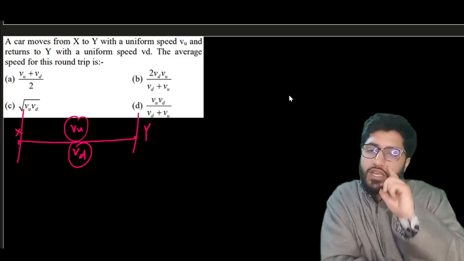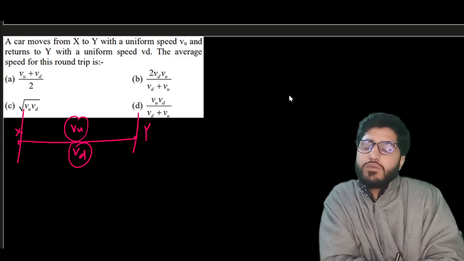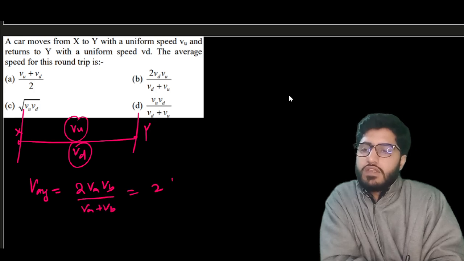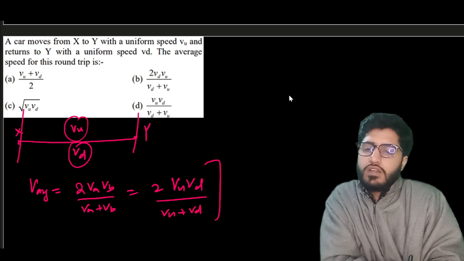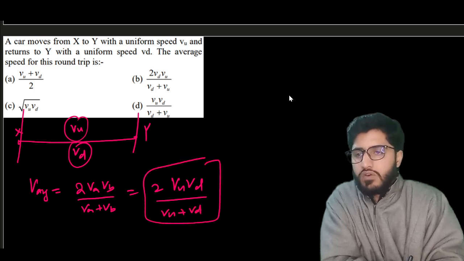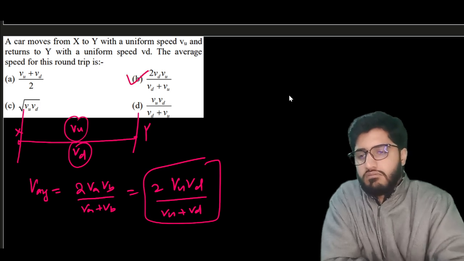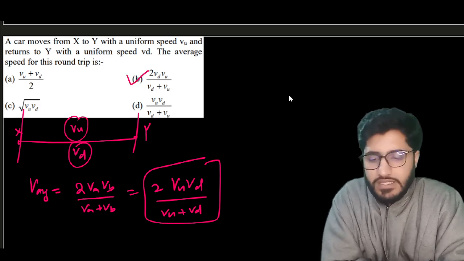If the distances are the same, we have a shortcut to find the average speed: 2 times va vb divided by va plus vb. Here va is vu and vb is vd, so it is 2 vu vd divided by vu plus vd, right? I need to match it now. Only option number B is matching, so option B is the correct answer.